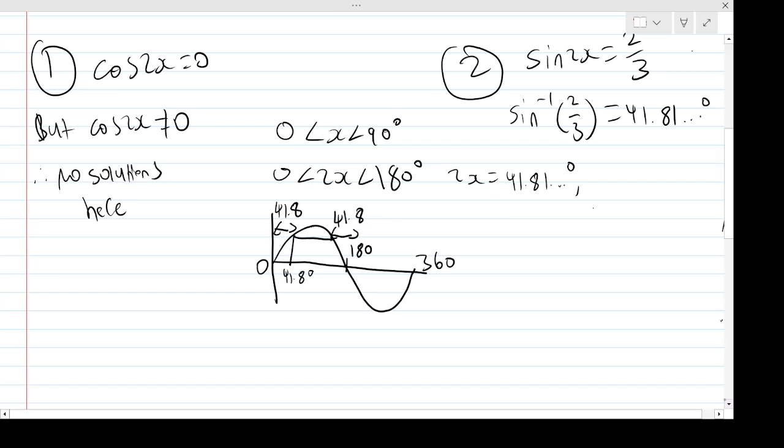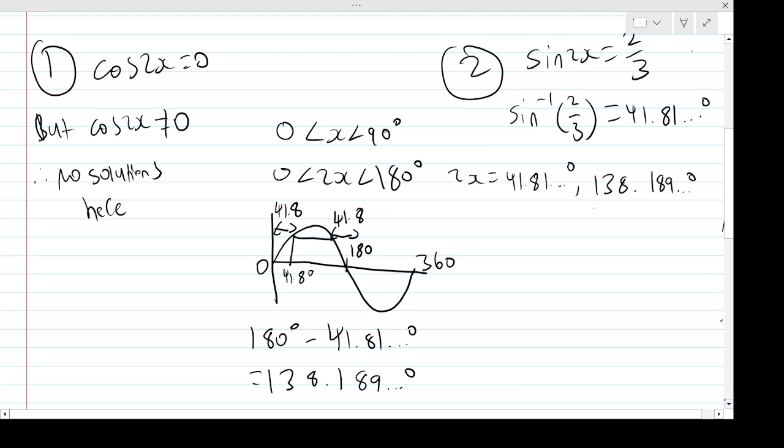The other solution will be 180 take away 41.81 and so on degrees. If we do that, we get 138.189 and so on degrees. So my next solution will be 138.189 degrees, and that's my first two solutions. Then to get more, we would have to add 360, because then it would be repeating, by 360 degrees.